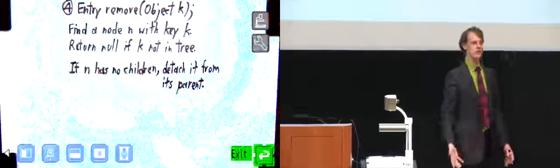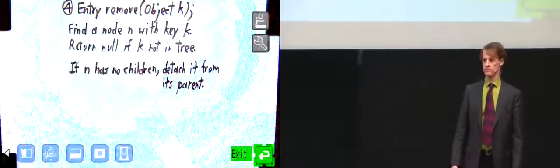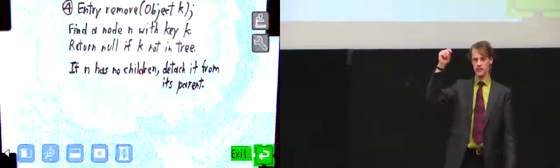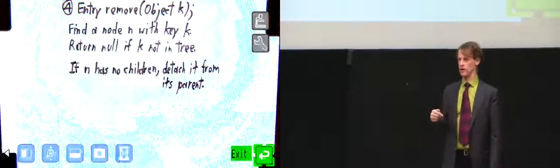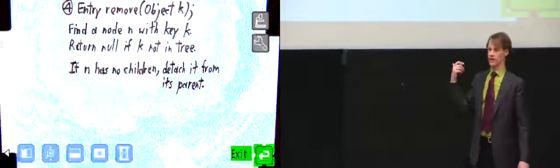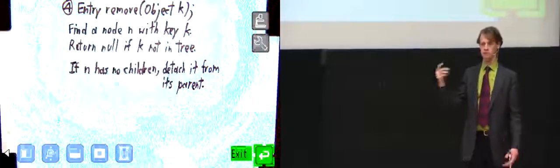You just detach it from its parent. What that means is you set the parent's child pointer to null, and now that node is not part of the tree anymore. That's all you have to do.